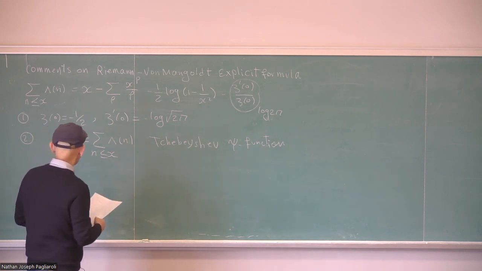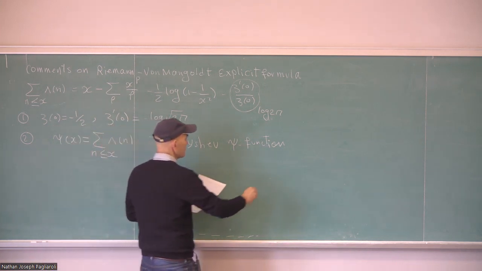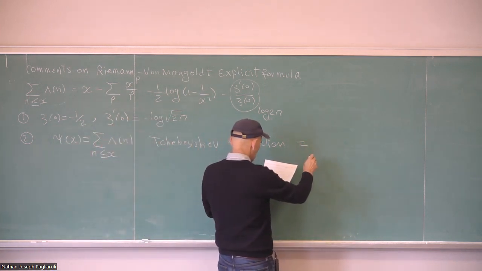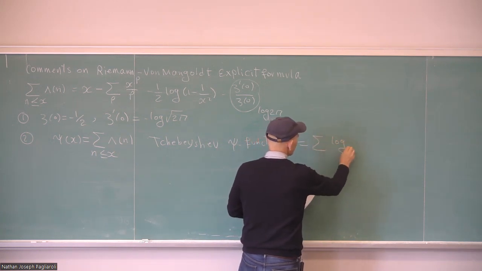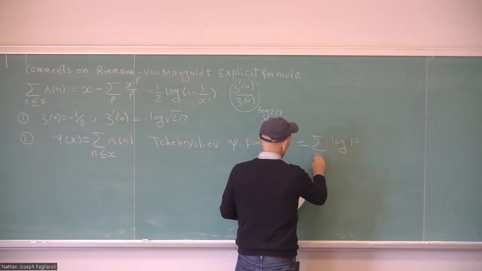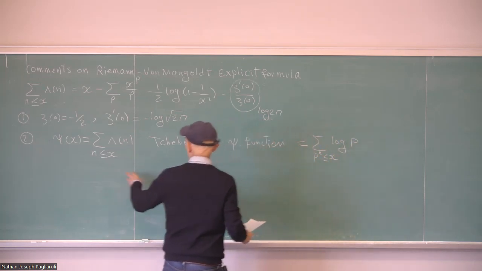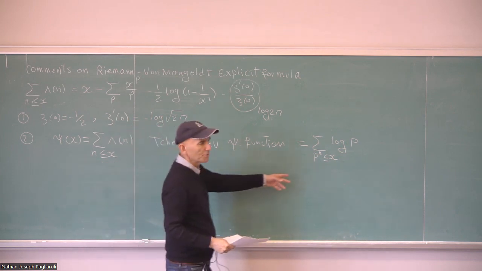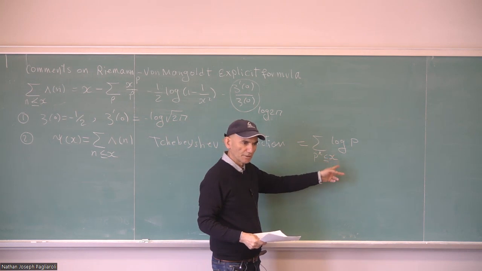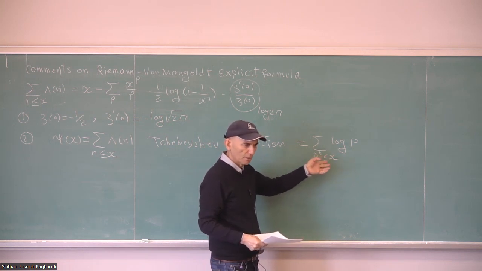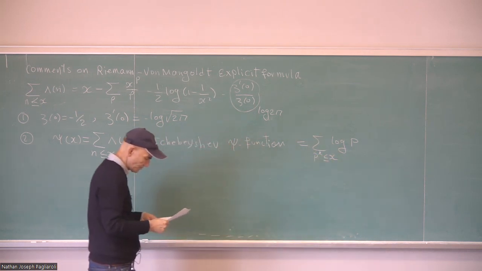So this function, as we define it, is the sum of log p over all p^k less than or equal to x. This summation is over pairs of primes p and integers k such that p^k is less than or equal to x. It's a finite sum.